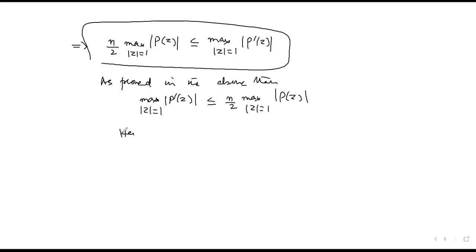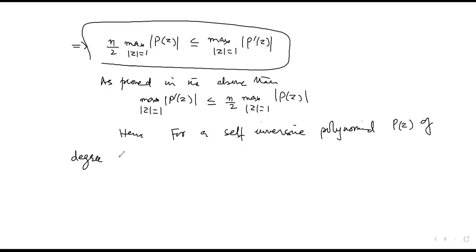Hence, for a self-inversive polynomial p of z of degree n, what do I have?